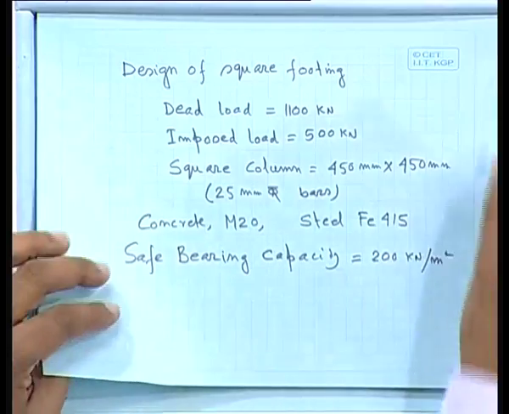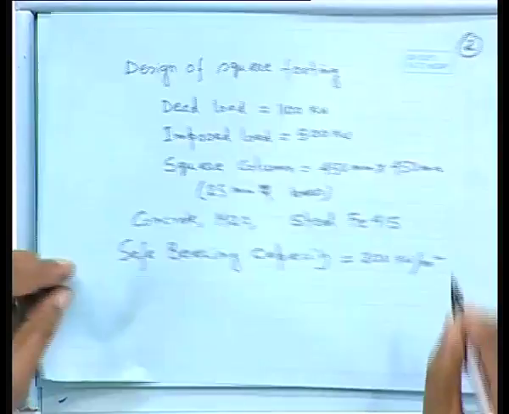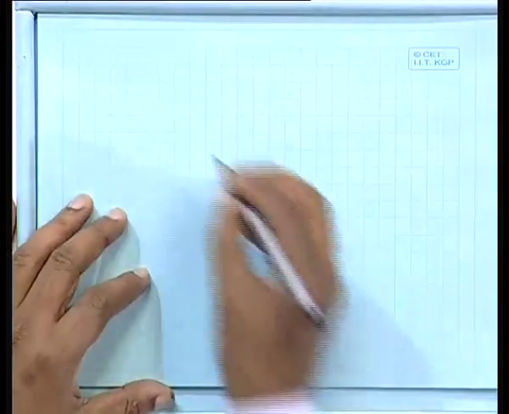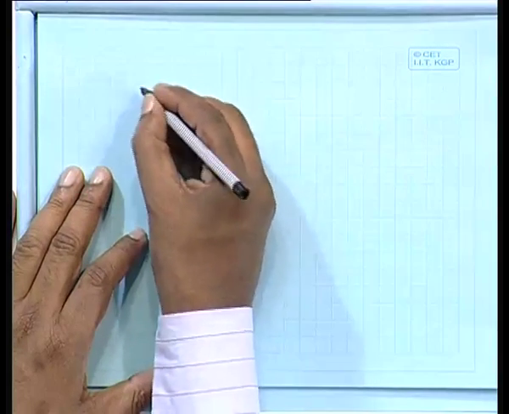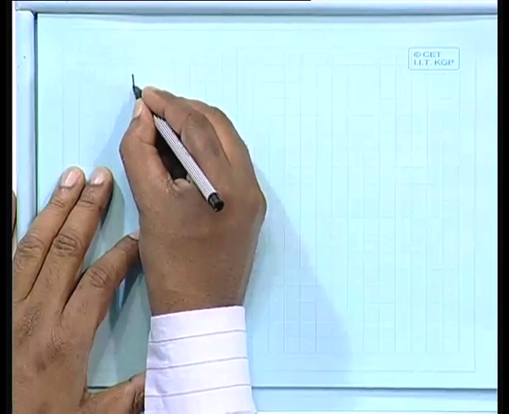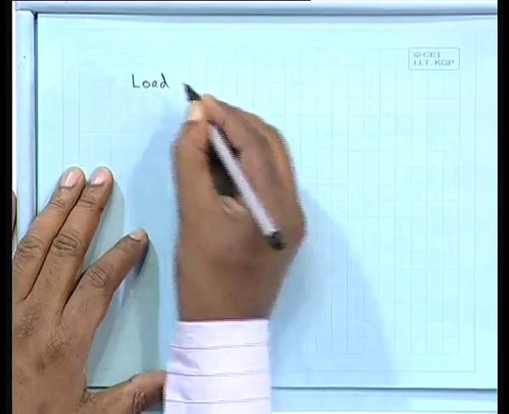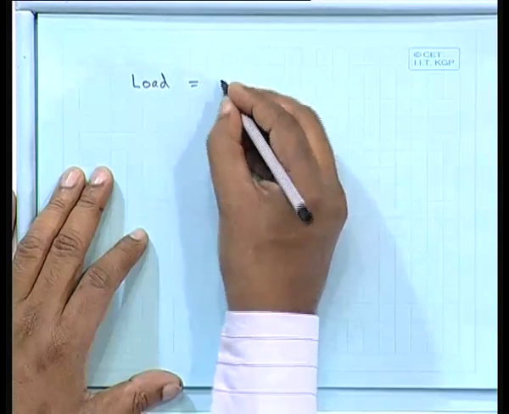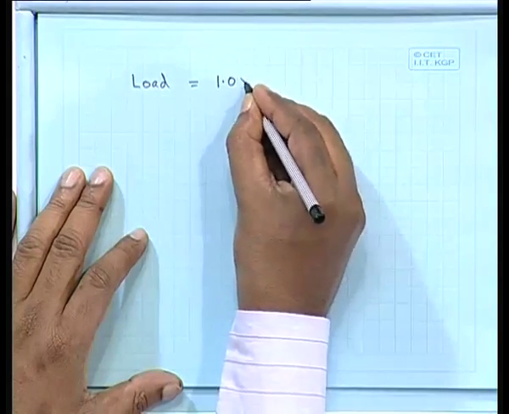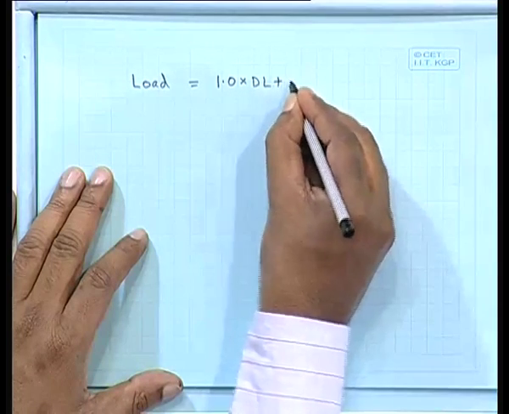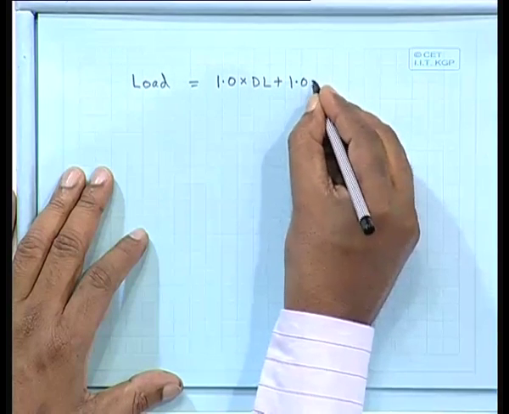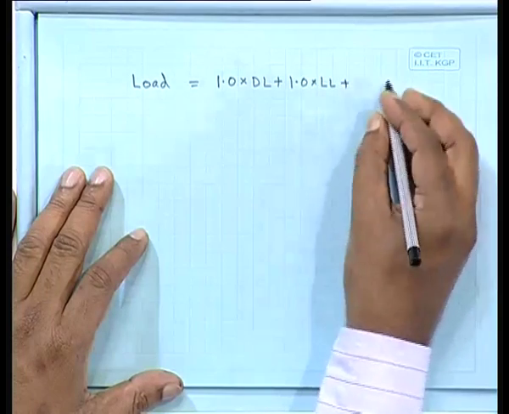So, load equal to 1.0 times dead load plus 1.0 times live load plus self weight.